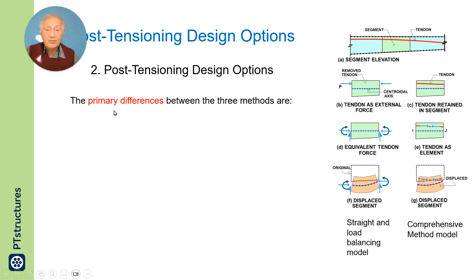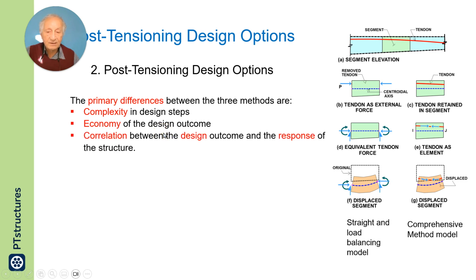Now, what is the primary difference between the three methods? One is the complexity in design steps and economy in design, and correlation between design and the response of the structure. In other words, the last one is very important. How closely the design predicts the response of the structure under load.